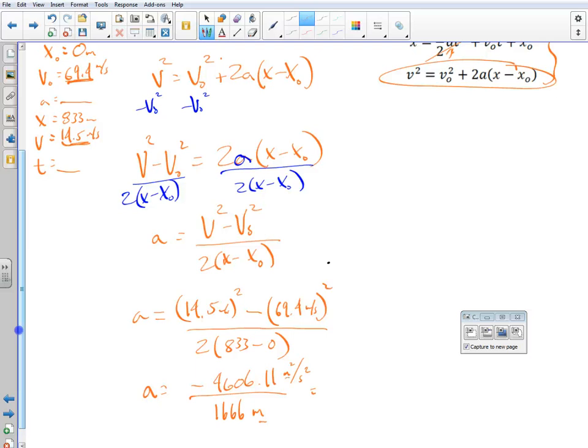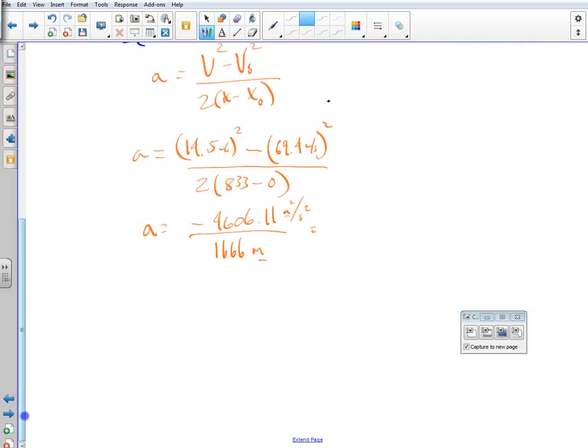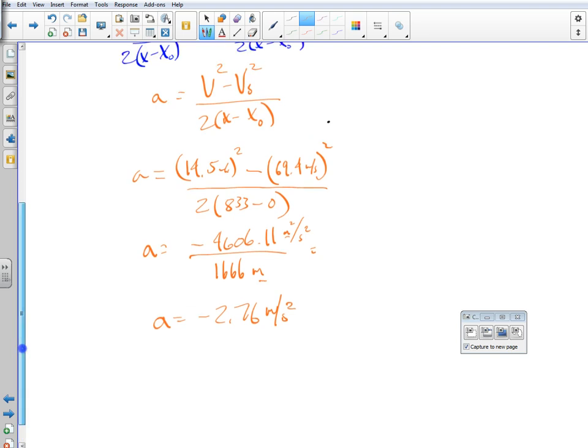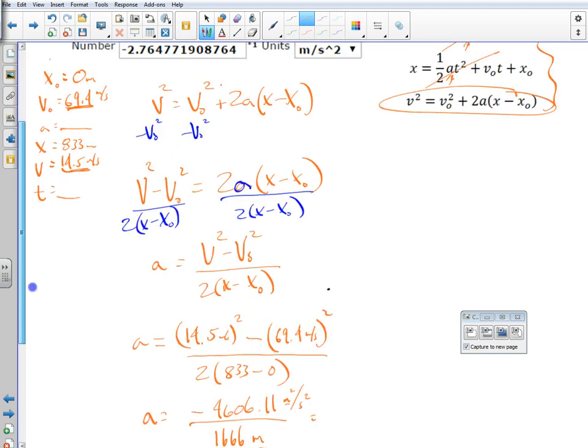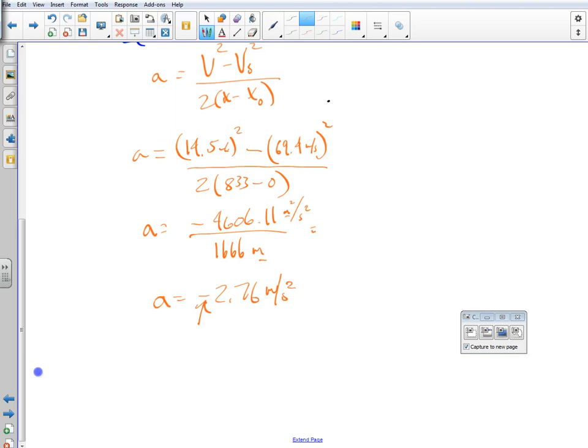So we'll get meters per second squared. I got 4606.11 divided by 1,666, and I get an acceleration of negative 2.76 meters per second squared. There we go. The negative indicates that the acceleration would be southward, the opposite of the plane's velocity. Hence, the plane is slowing down.